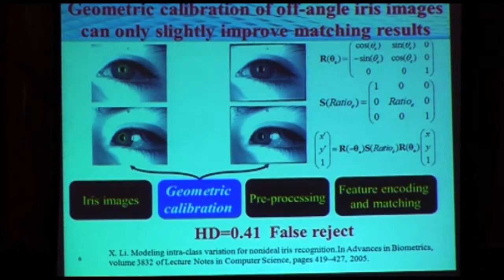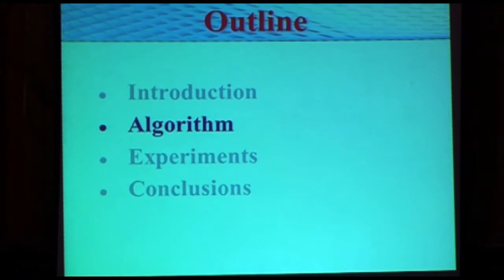After the geometric calibration, we also do pre-processing, feature encoding, and matching to get the final result. Here, we can see that the Hamming distance is improved only slightly. It also causes a false reject. So we should propose novel solutions to handle the issue. For that, let's come to our solution.